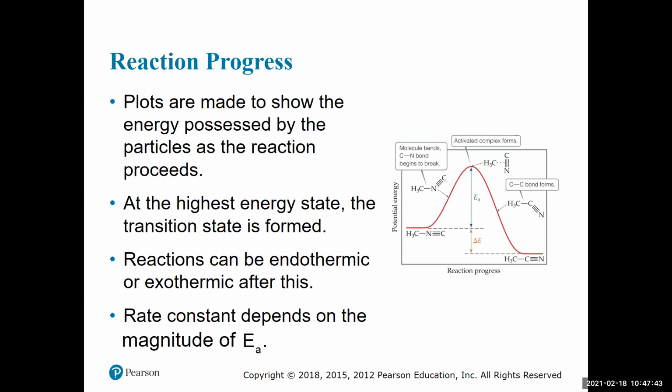So we broke that carbon-nitrogen bond. We had this activated complex up on the top at that activation energy peak. And then when it reformed, now instead of the CH3 carbon bonded to nitrogen, it's bonded to the carbon atom, and the carbon's still triple bonded to the nitrogen. And then we get our final product down here.